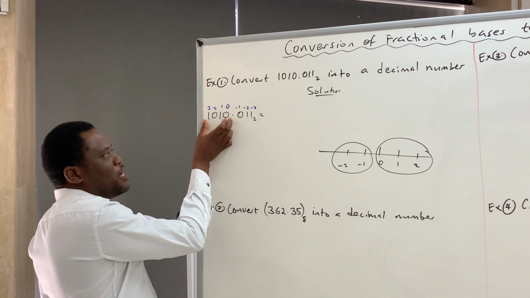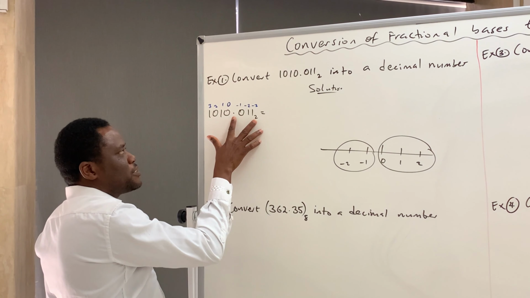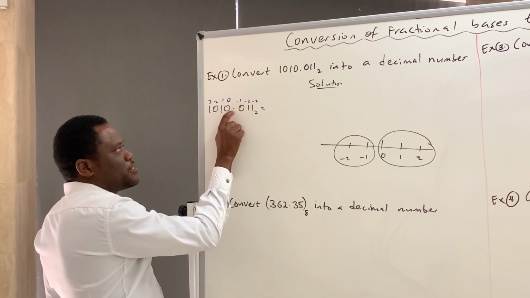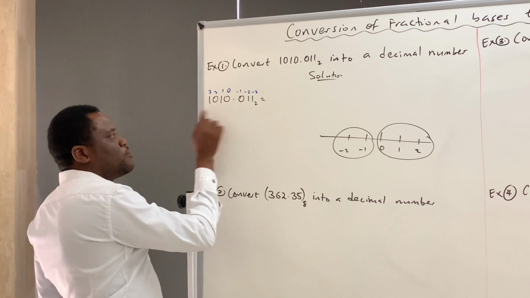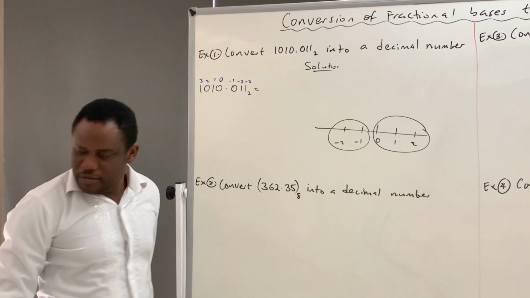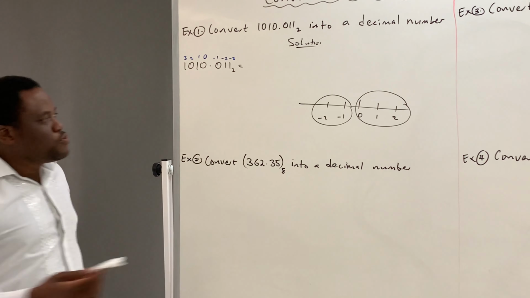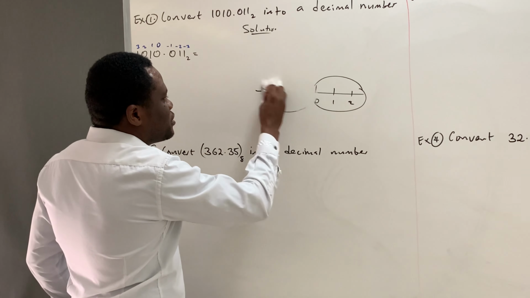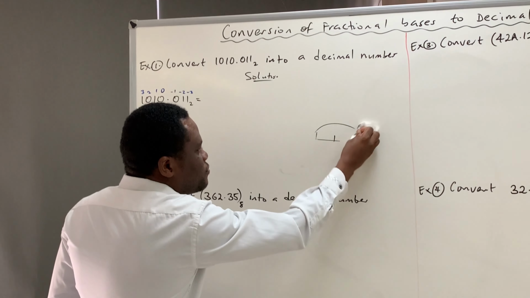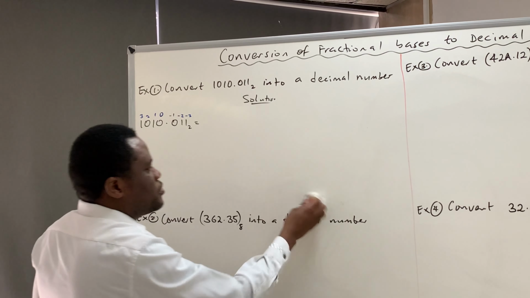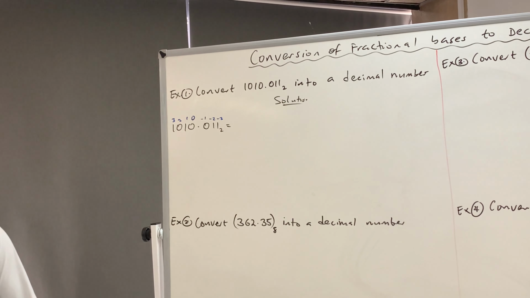So this is the whole number, right? And this is the decimal point. So you start from the turning point, 0, up, negative. Please take very good note of this. It's very important, and it's what we did in our previous videos.